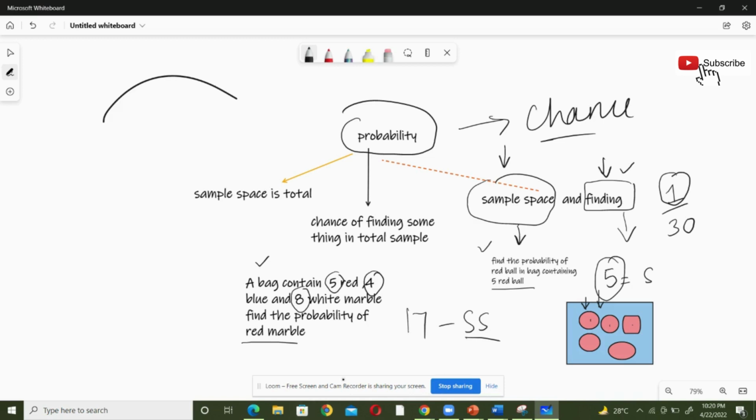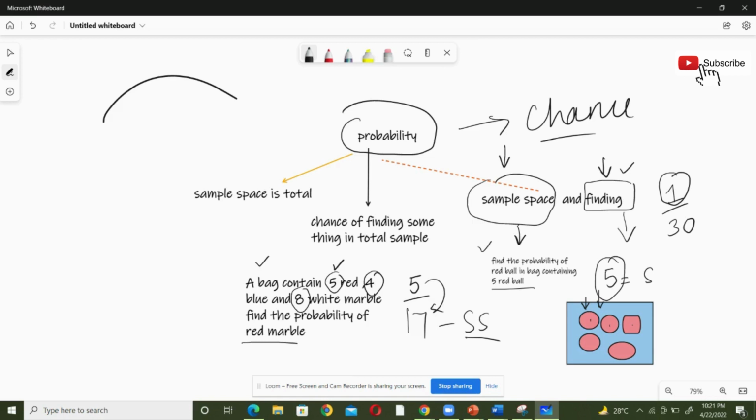Now, how many reds are present? 5. So you simply do 5 by 17, because the total red balls are 5 in 17, which is the sample space. Each time you go for a red ball, there is a chance that red balls could come 5 times because in total there are 5.